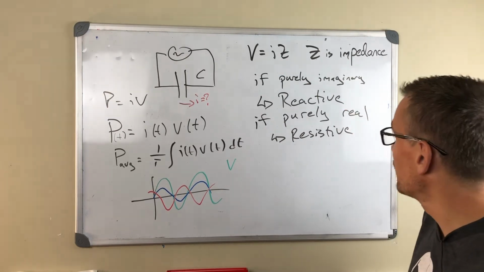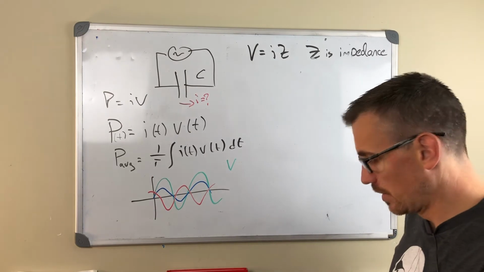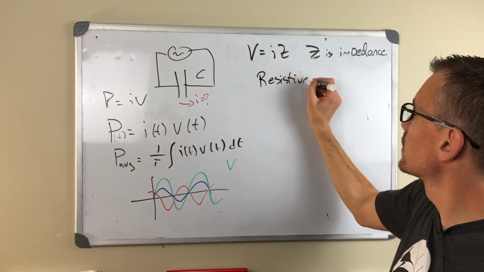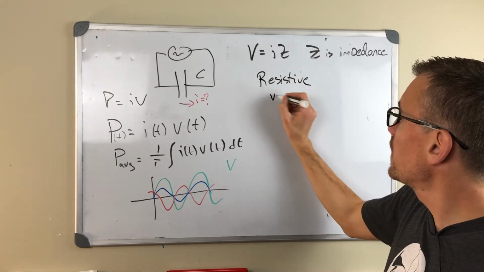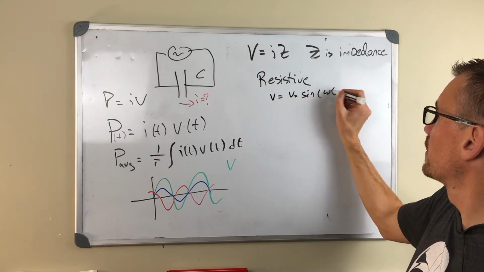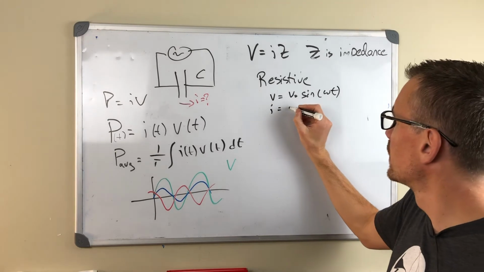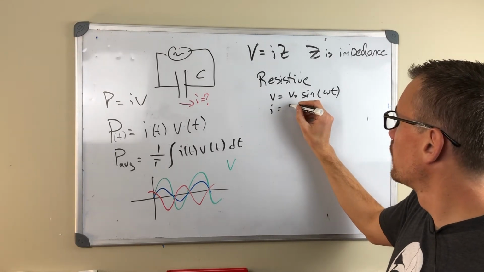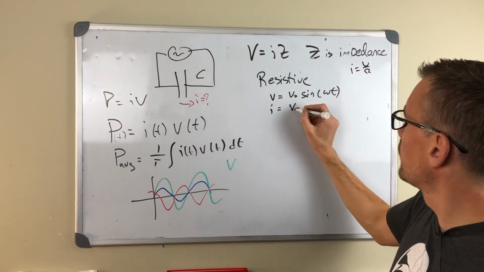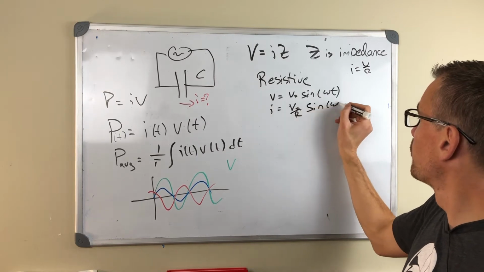So what does that actually mean for us? Well, for a resistive load, let's use sines and cosines. If V is equal to V naught sine omega t, my current, I is equal to V over R, so it's going to be V naught over R times sine of omega t.